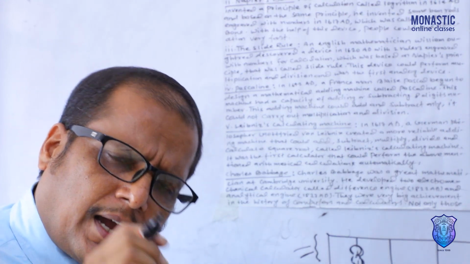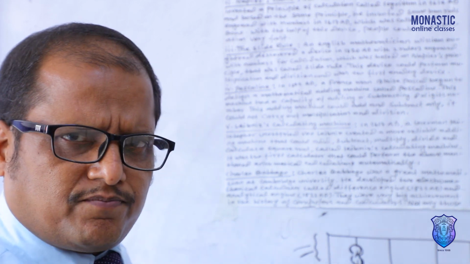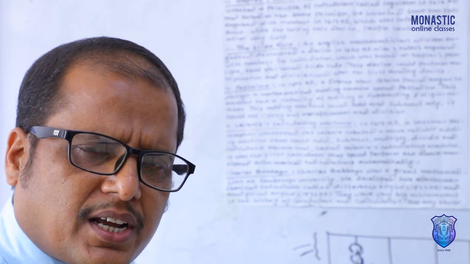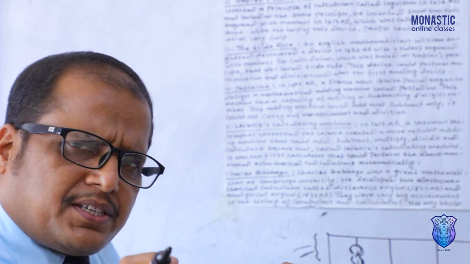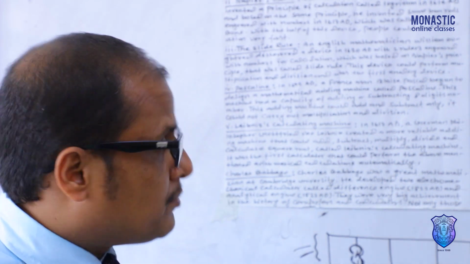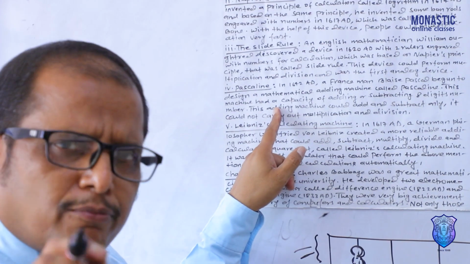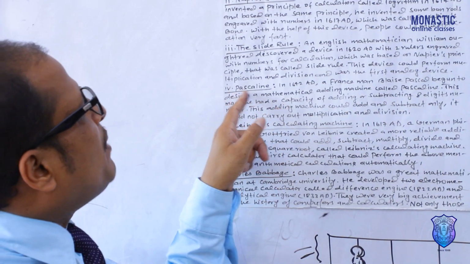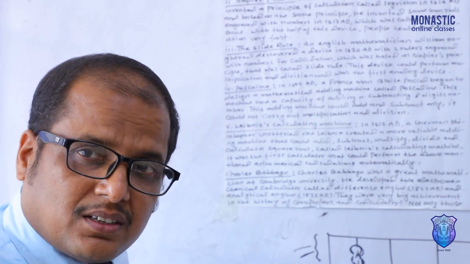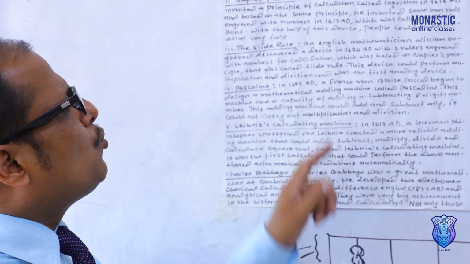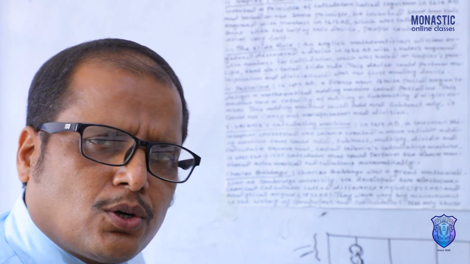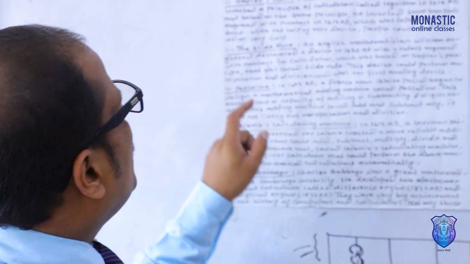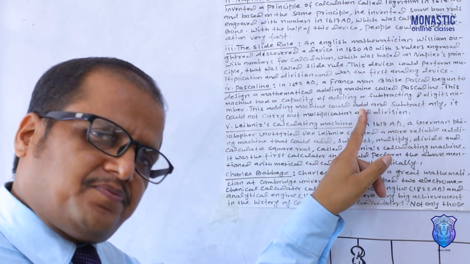This device had the capacity to perform addition and subtraction of 8-digit numbers. And this device could perform only addition and subtraction; it could not perform multiplication and division.